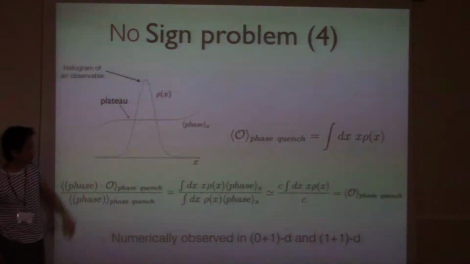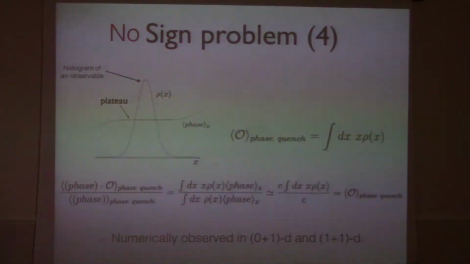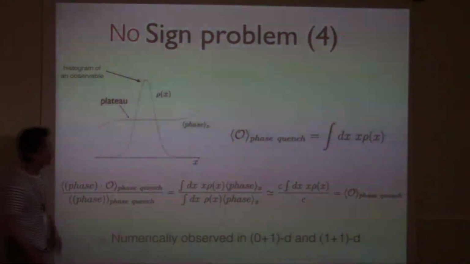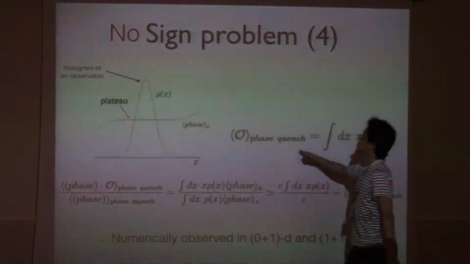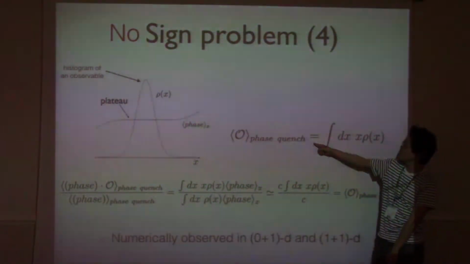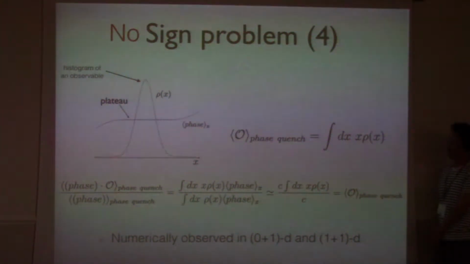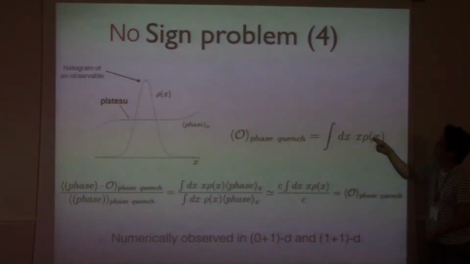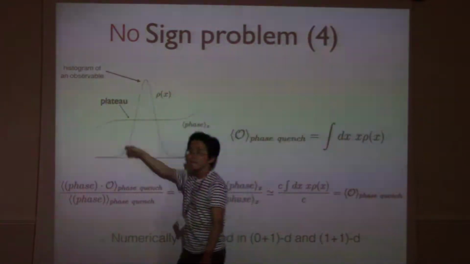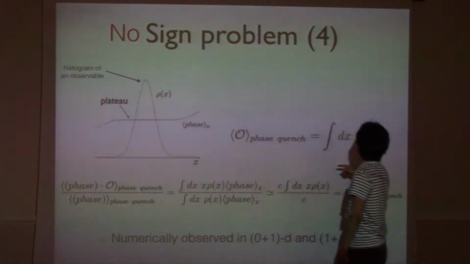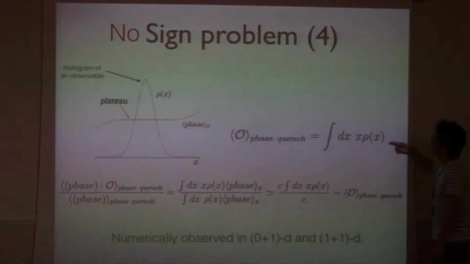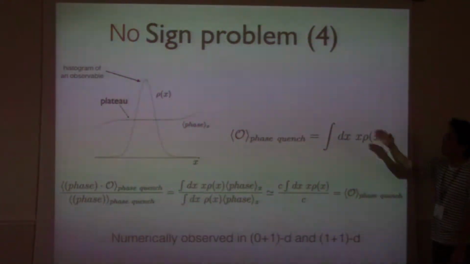If this is just constant, it means we can write this phase quenched expectation value as the integral of x times the distribution function rho. Okay, and imagine when rho is non-zero, the phase is constant.